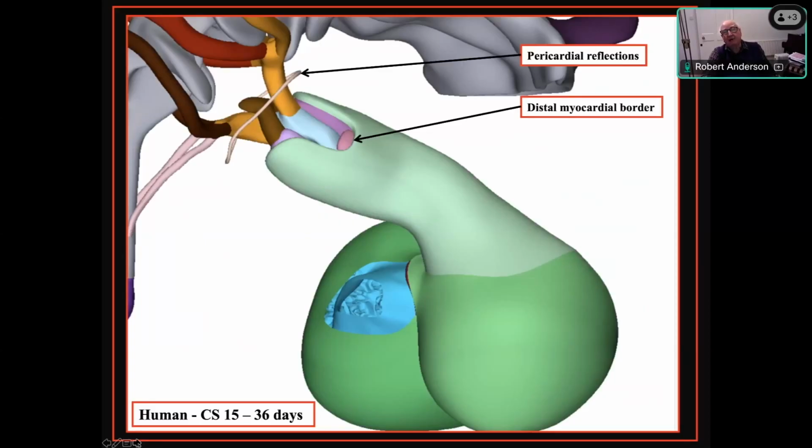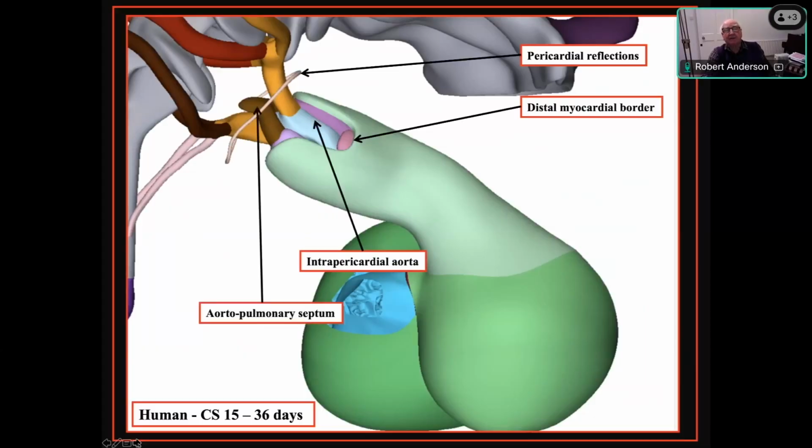You can see how the green parts are like the jaws of the fish mouth, and they are now away from the pericardial borders. What you can see in brown is something that is growing in to separate what will become the intrapericardial aorta from the intrapericardial pulmonary trunk, and that is the aortopulmonary septum. And that has grown in from the dorsal wall of the aortic sac.